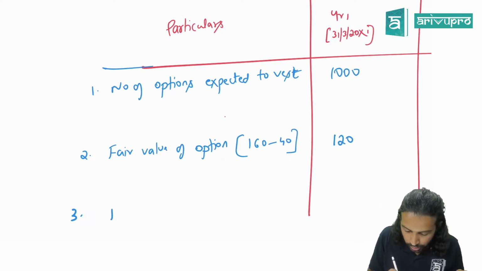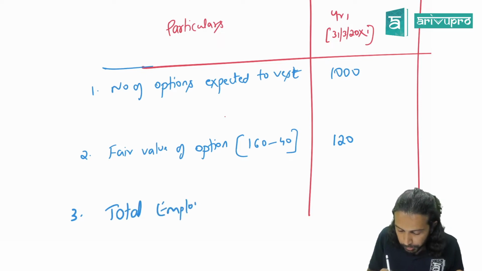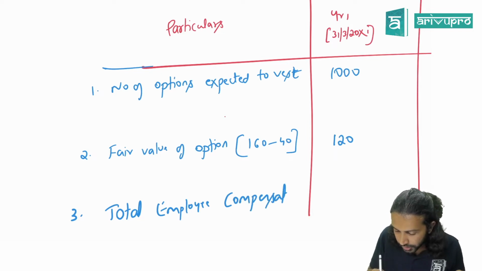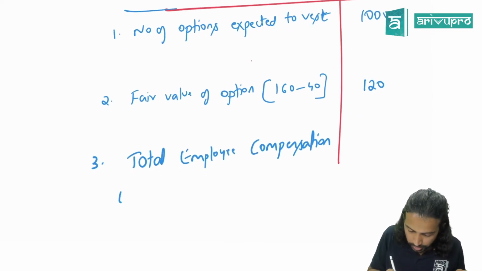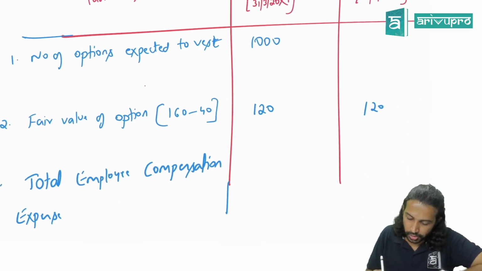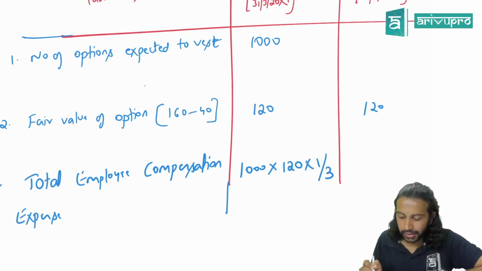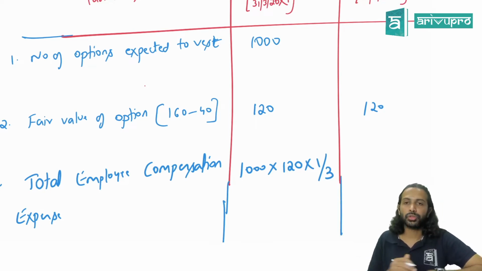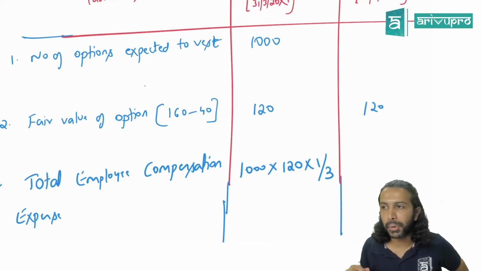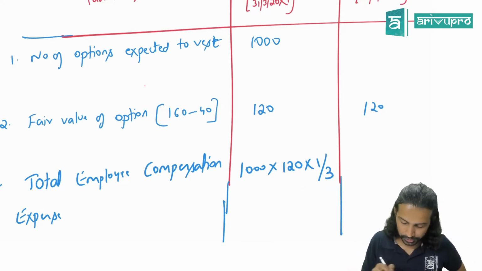That means what is the total employee compensation expense? 1,000 into 120 into 1 by 3. How many of you understood this 1 by 3?